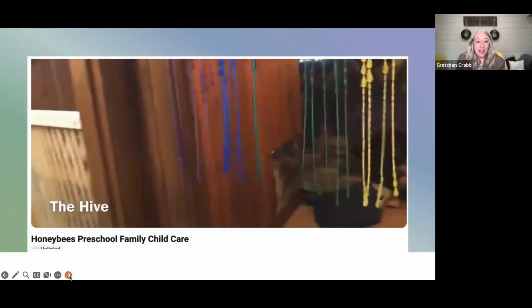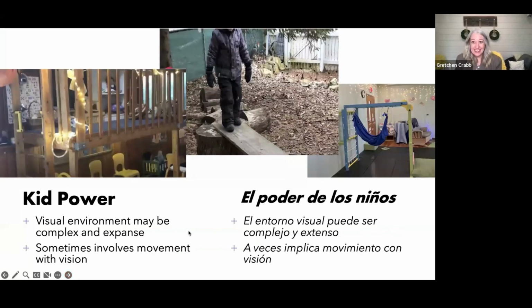And then finally, we have kid power spaces. So kid power spaces are, if we think about it like that, 3 to 5 and beyond. The visual environment could be more complex. It might be more expansive, so more places for them to go and explore. And sometimes it can involve movement with vision.